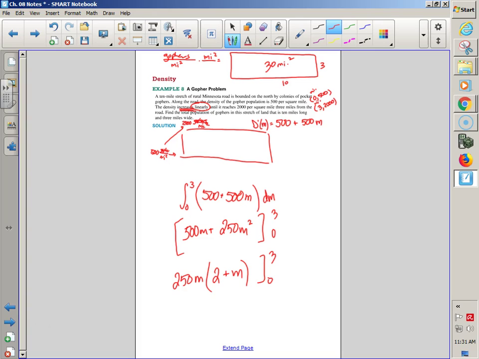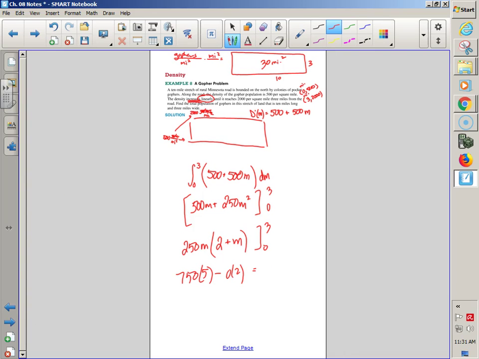So we get 750 times 5 minus 0 times 2. So it's my accumulation. What is that? That's adding together, accumulating, which is what integration does.